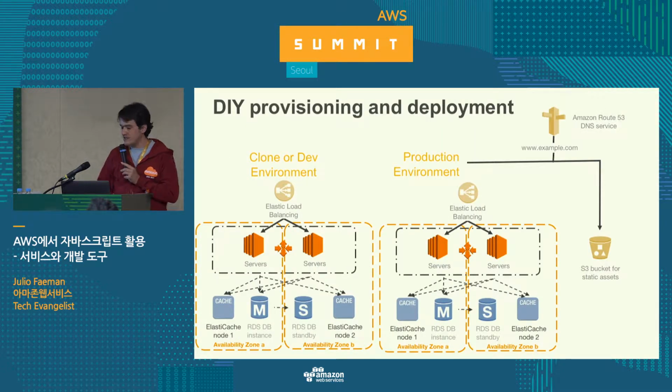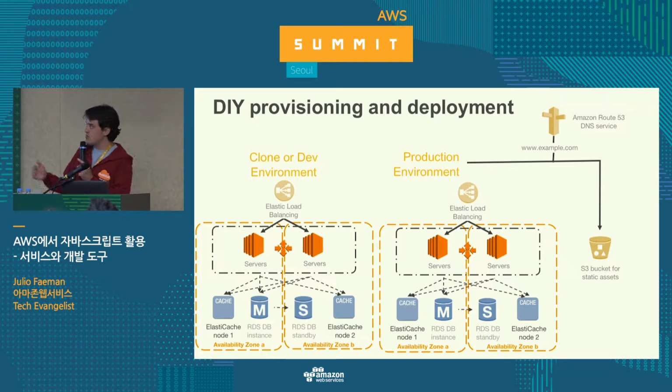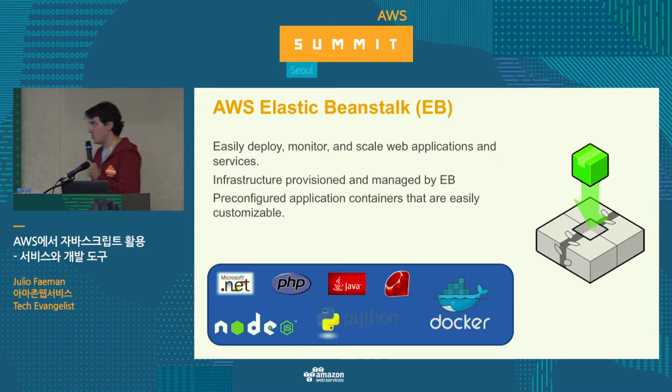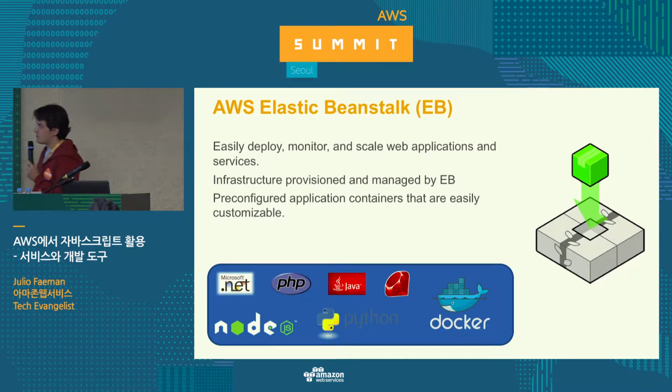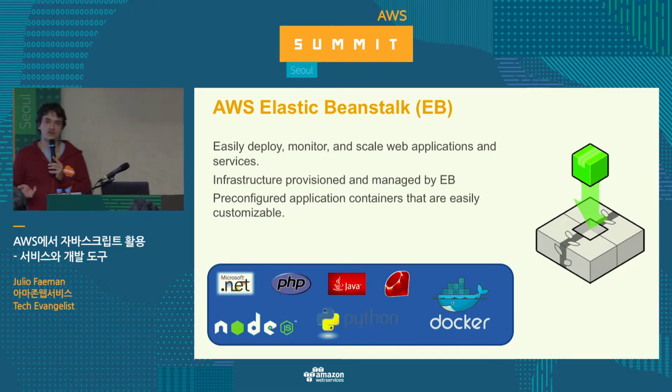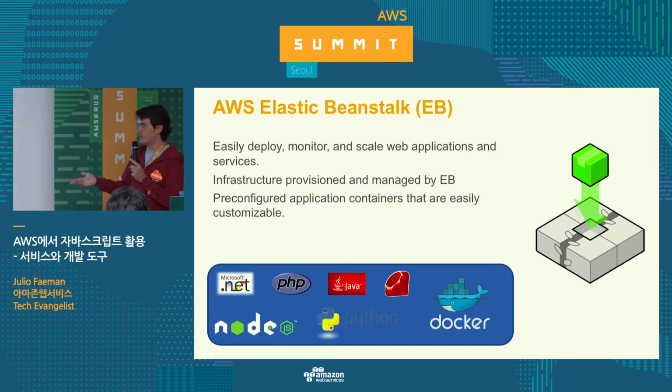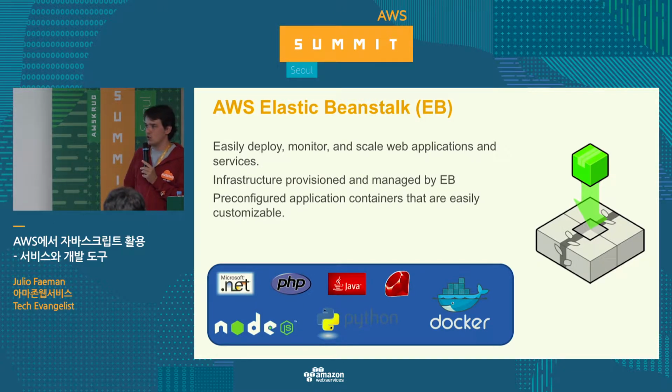And once it's time to deploy that, you can do as you would in a regular traditional infrastructure and create everything yourself. But I would recommend that you use Elastic Beanstalk. Elastic Beanstalk is our service for deploying and managing all sorts of applications. You could use Docker, Java, several environments, and that includes Node.js.